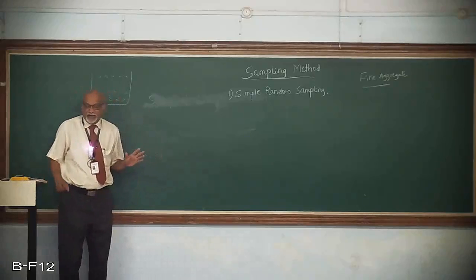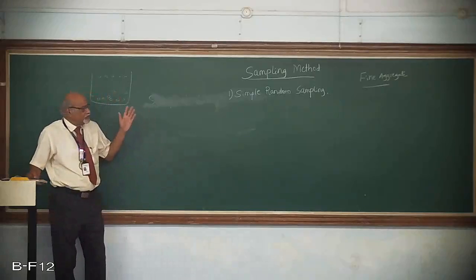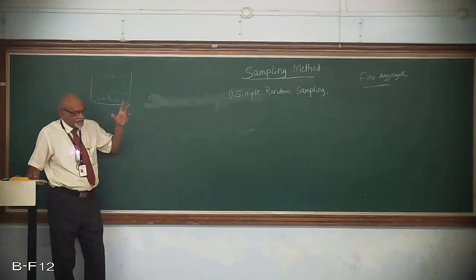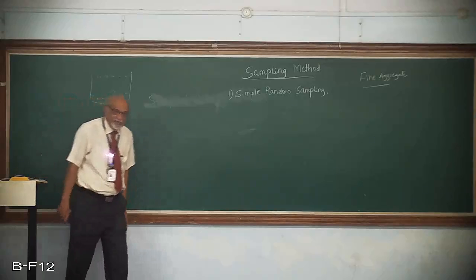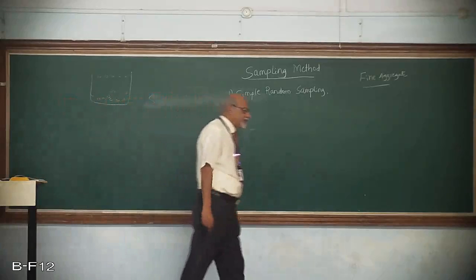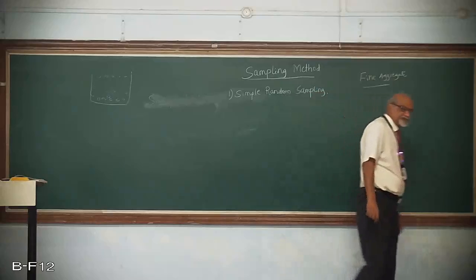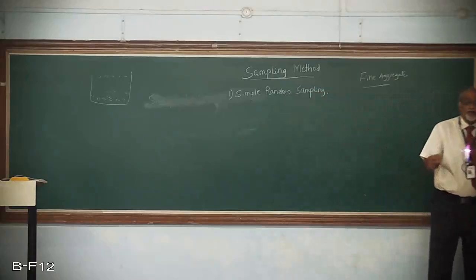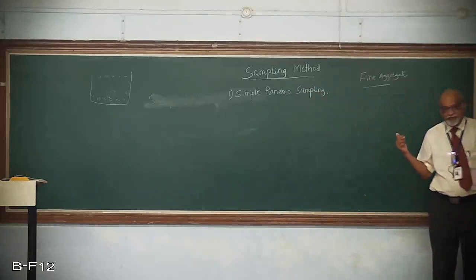However, I am going to discuss lot size, sample size, and other symbols and terminologies. These I can call acceptance sampling terminologies, because frequently we are going to make use of them.